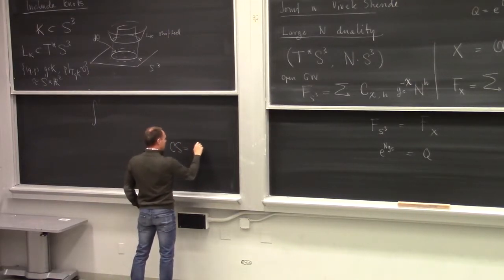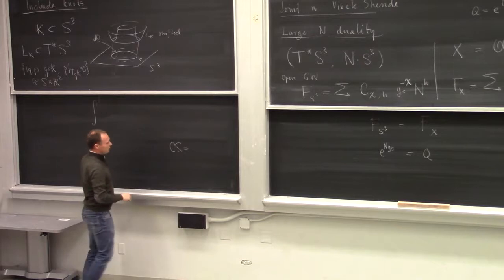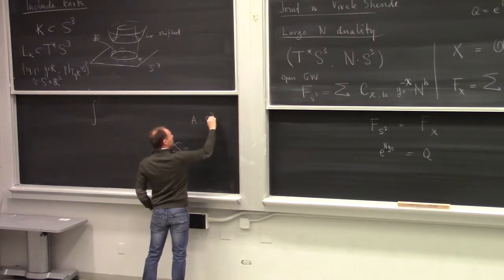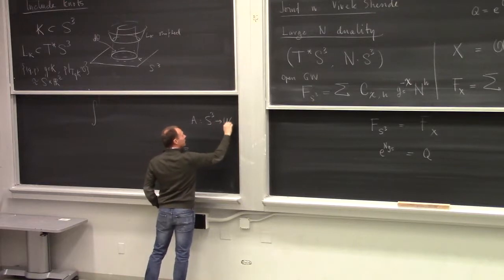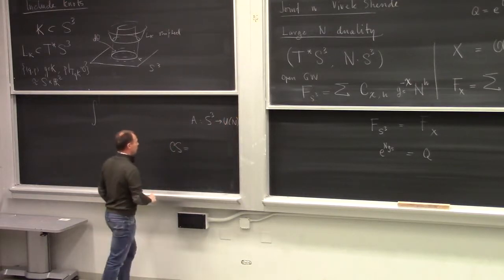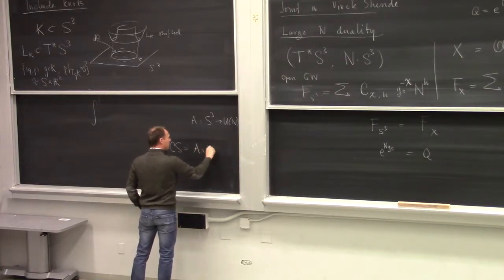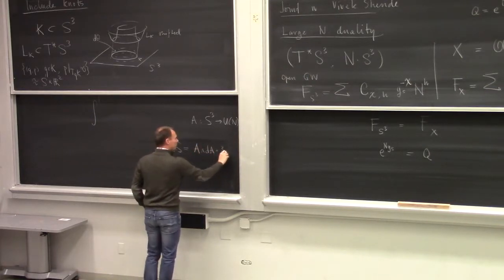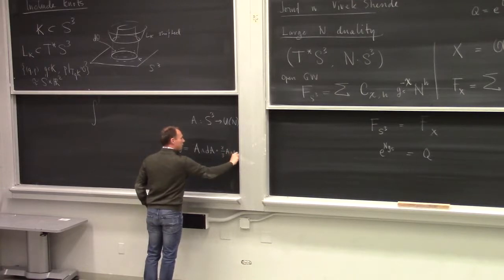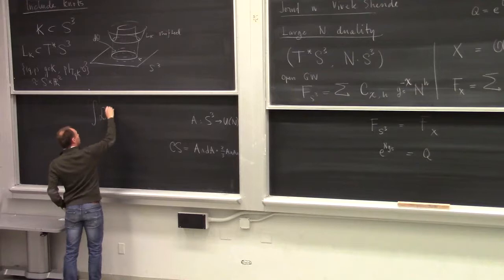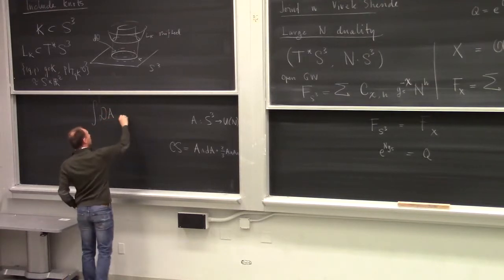So A is a U(N) connection on the trivial boundary S3, and this Chern-Simons function is basically A dA plus 2/3 A wedge A wedge A. Something like that. And then here you're supposed to do a path integral.